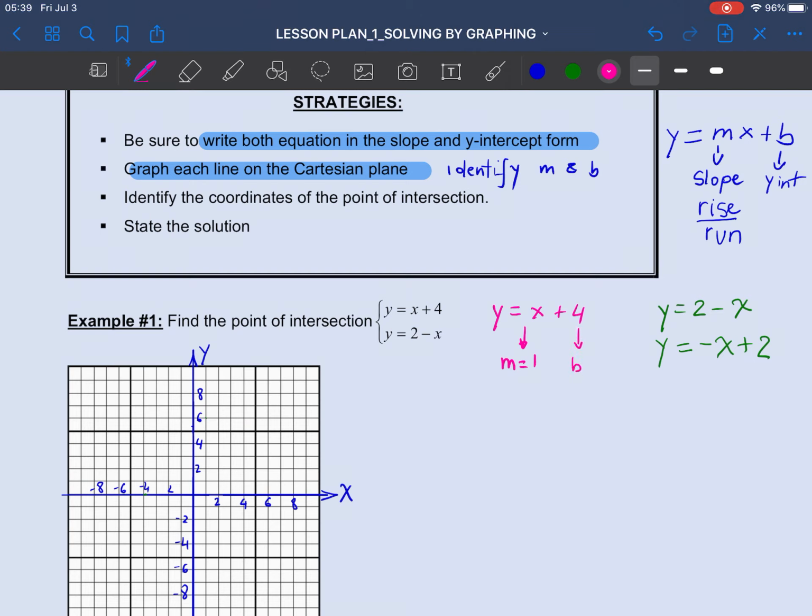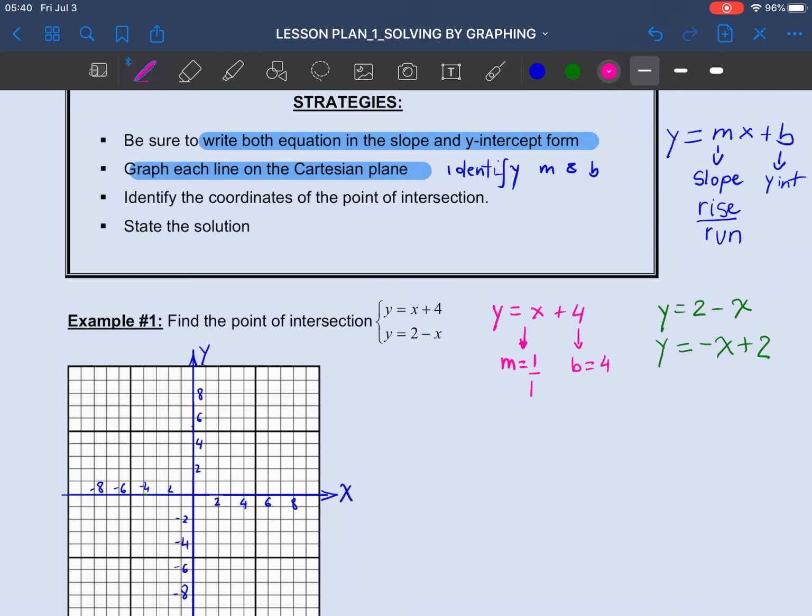The y-intercept is 4. Now remember that we always want to write the slope in fraction form so we can see more easily what the rise and the run are. So I'm going to play smart here, and I'm going to write m as 1 divided by 1, which is totally fine because we can write any number as a fraction with denominator 1.